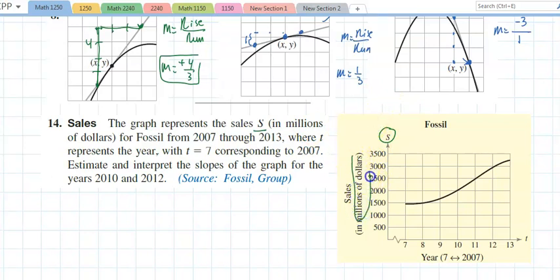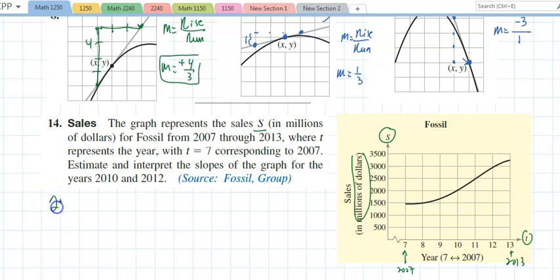In millions of dollars. For Fossil from 2007 through 2013, where T represents the number of years, T equals 7 correspond to 2007. Okay, that's very good. Estimate and interpret the slope of the graph for the years 2010.